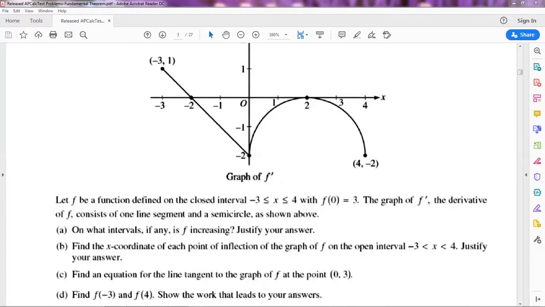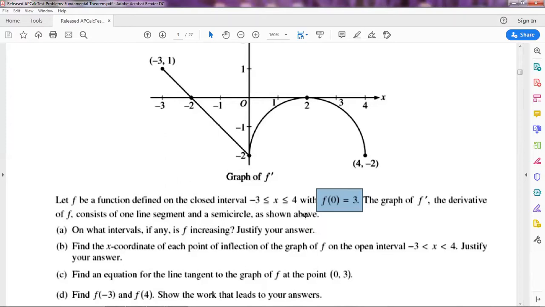You see here the point (0, 3). That's a point on the function, correct? Now, I want to know pretty much the tangent line, correct? So let me just write this one.